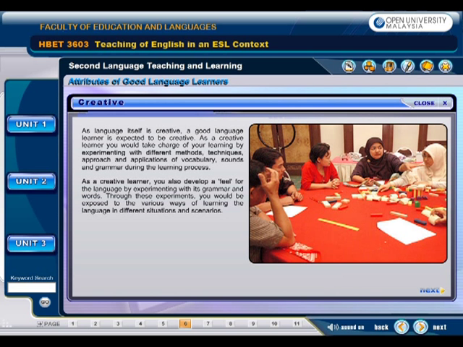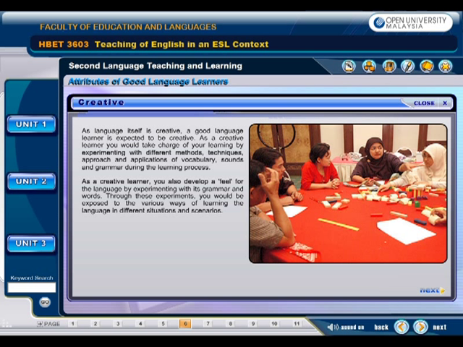As language itself is creative, a good language learner is expected to be creative. As a creative learner, you would take charge of your learning by experimenting with different methods, techniques, approaches, and applications of vocabulary, sounds, and grammar during the learning process.